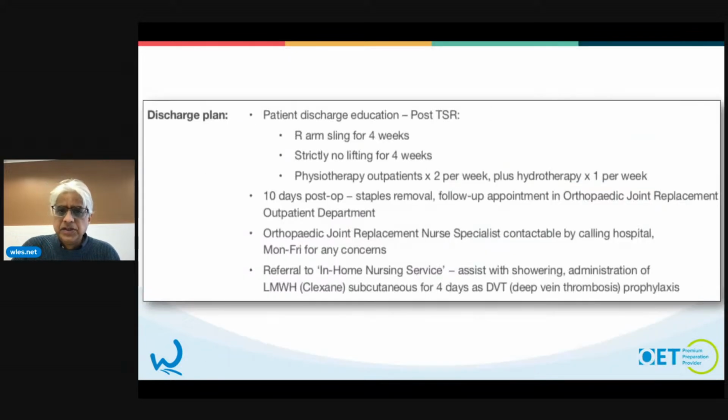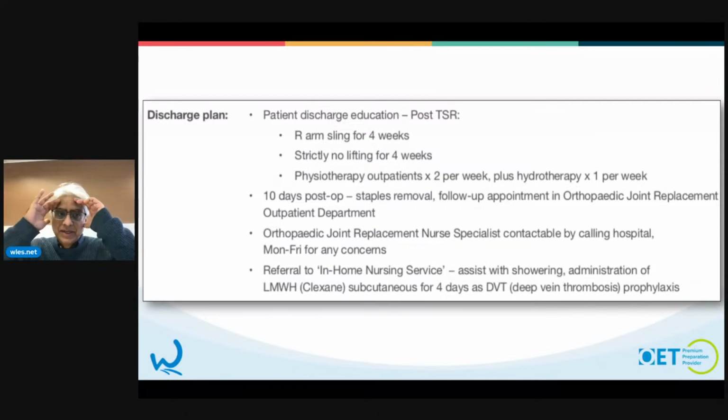And if I just zoom in here, you can just read through the discharge plan. You've got to take care with the discharge plan because sometimes not all of it is for you. Don't make that mistake in thinking, I need to write everything in the discharge plan. Sometimes you might have to, other times you won't. You really, really need to take care. OET, they like to keep you guessing.